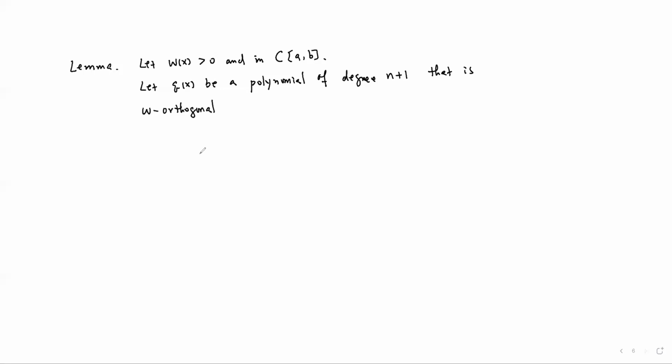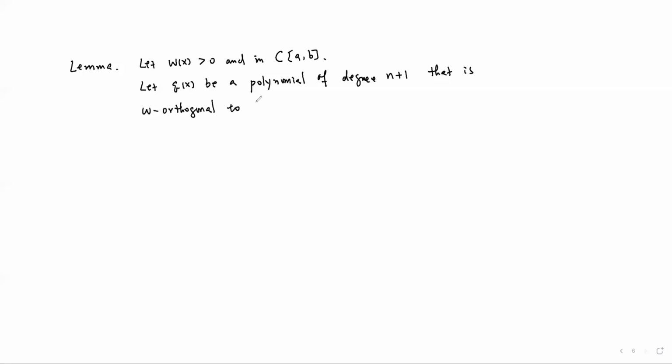What does W orthogonal mean? I will tell you. Q, this polynomial of degree n plus 1, is W orthogonal to all the polynomials of degree not greater than n.